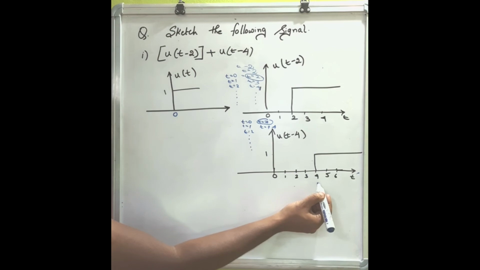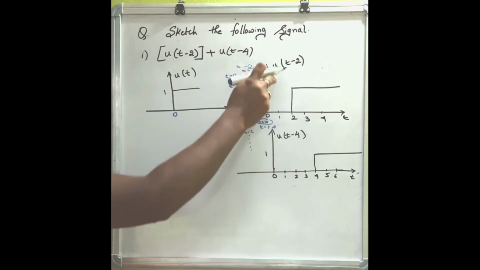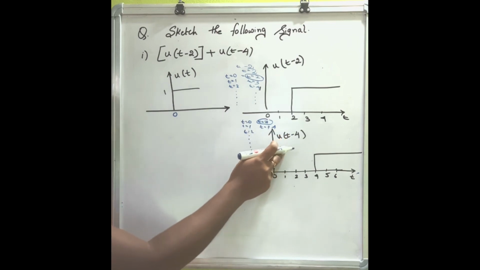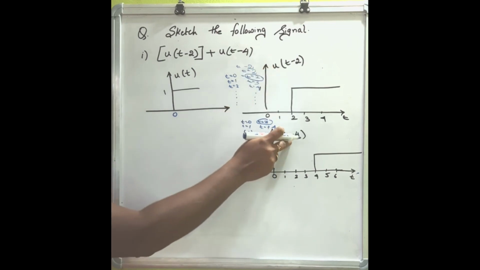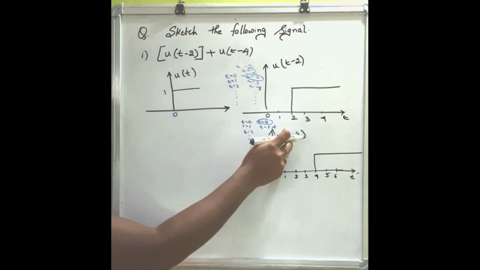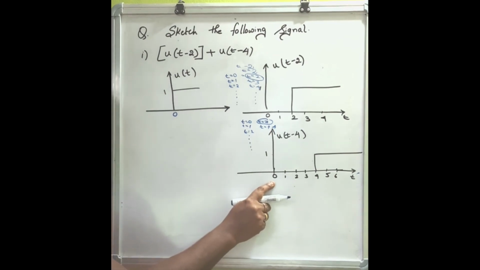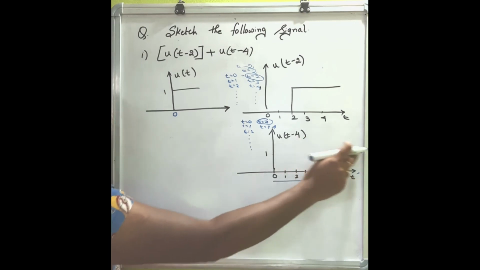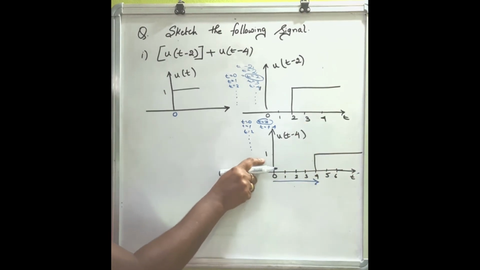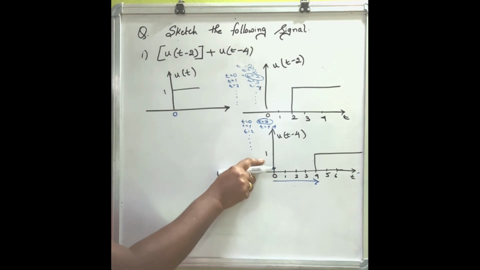We'll start from t is equal to 4. In both cases a delayed shift takes place, here by 2, here by 4. So your t, which was supposed to start at 0, will start at 4 and go on. The amplitude will not change, it will be 1.